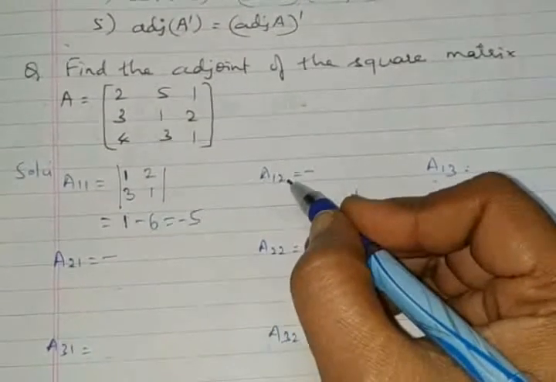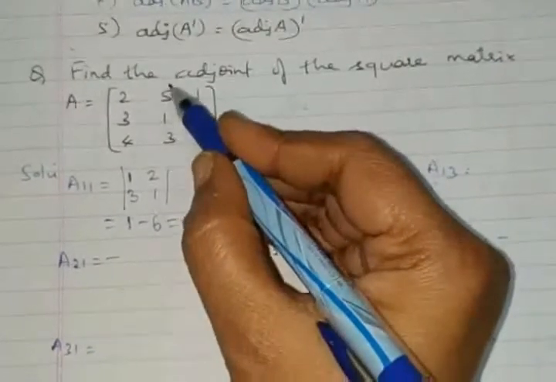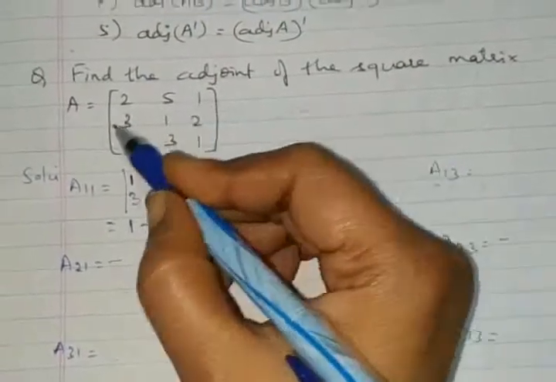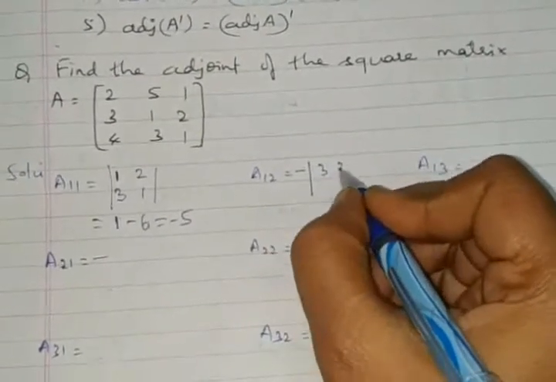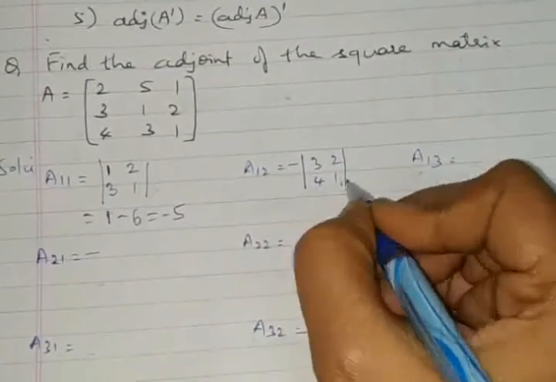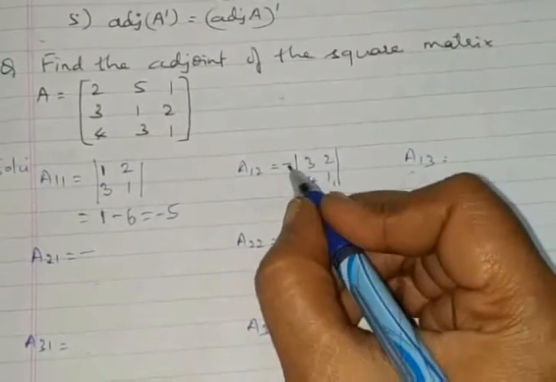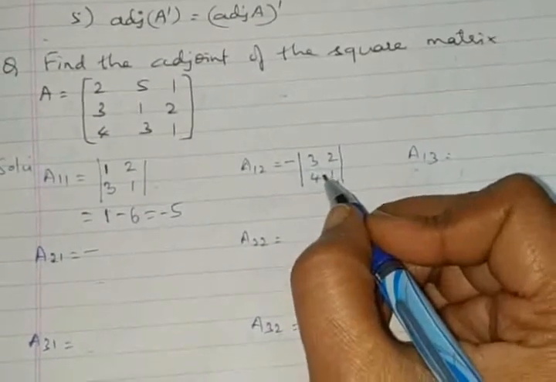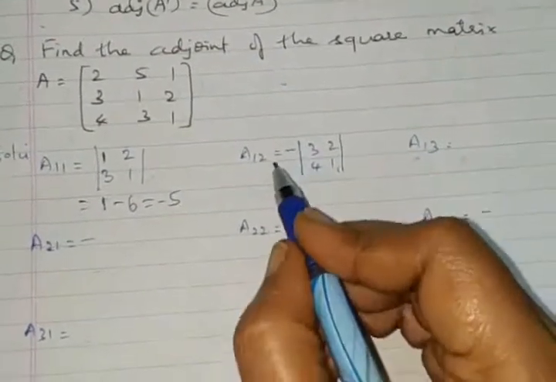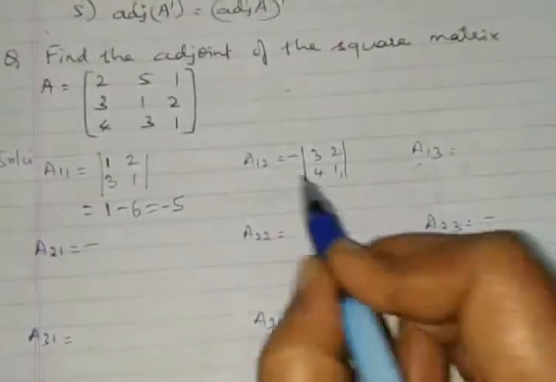1 2. To begin with this, close this element. Left out elements, if you are comfortable, once again you can write 3 2 4 1 like this. Be careful, minus has to be taken. If you don't take the minus, it automatically goes to the minor. But if you want the cofactor, we change the sign only for these 4 elements, as we already discussed.